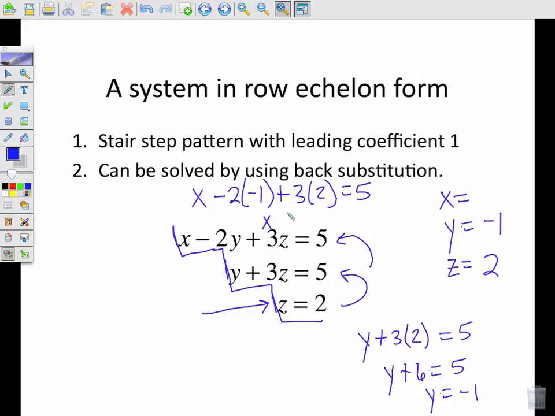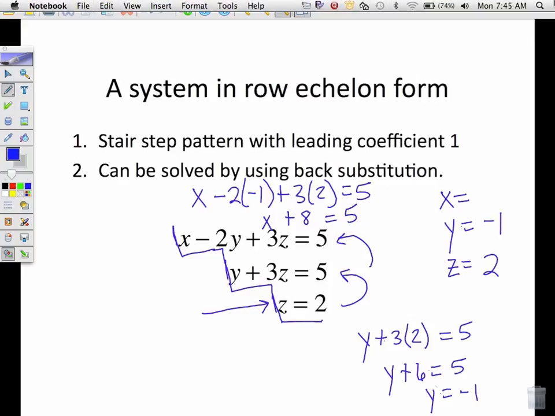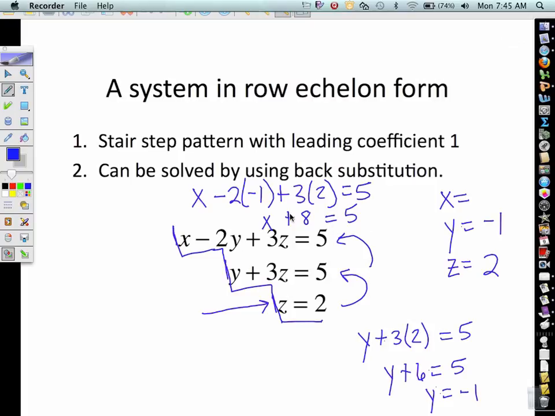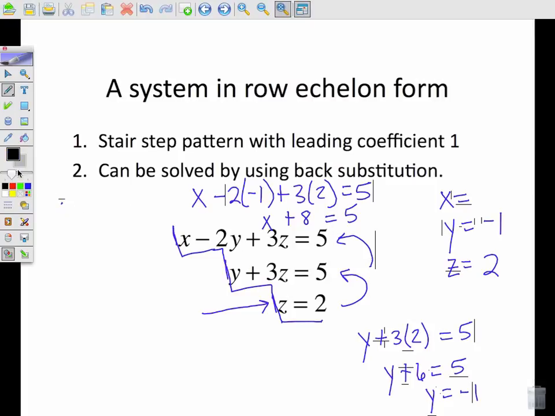x plus 2 and plus 6, so plus 8, equals 9. Here's what I'm noticing right now: your equations are slightly different.